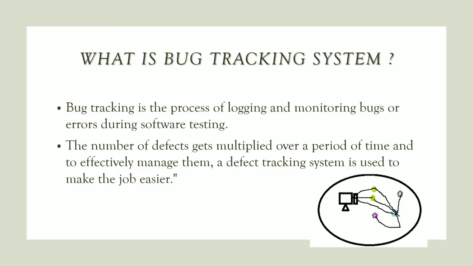What is the work of the tester? The tester will test the program. If any bugs are found, the tester will return it to the manager and the manager will return it to the developer. If no bugs are found, the tester will directly return it to the manager and the manager will return it to the admin.